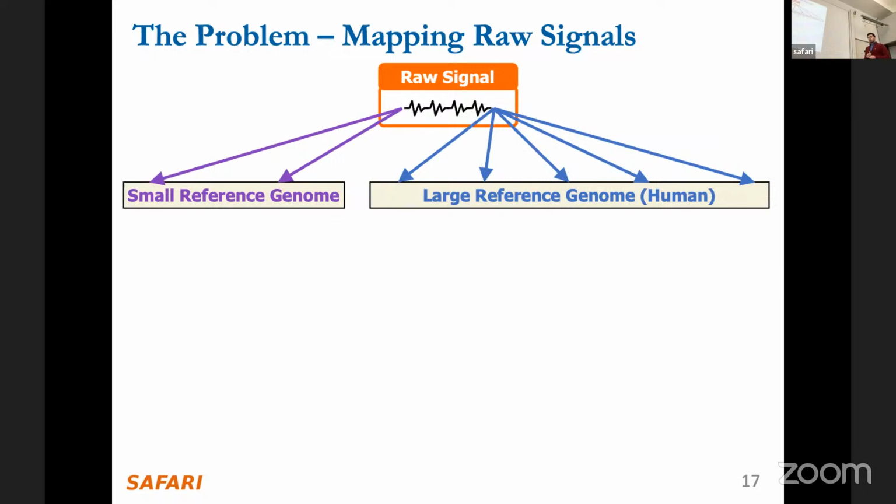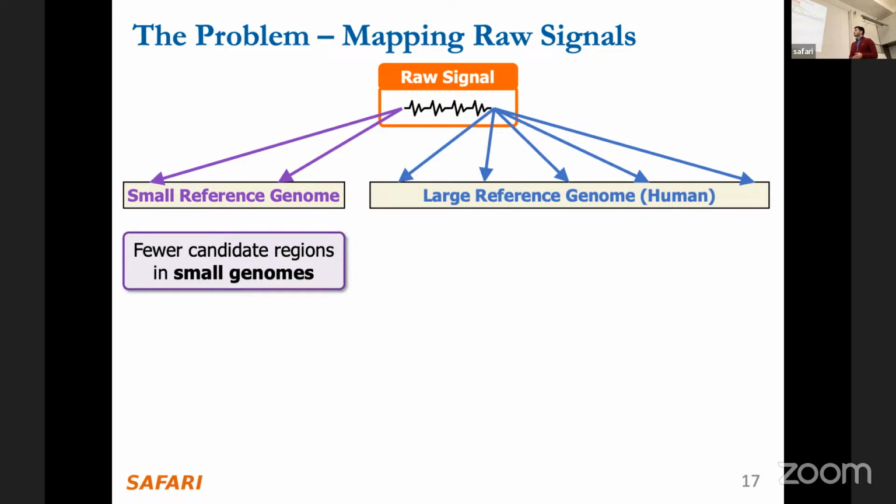But there are still certain problems related to mapping raw signals to reference genomes. Assume that you have this particular raw signal, and you might be mapping the signal to any type of genome. But let's take 2 types of genome. One is a small genome, the other one is a large genome, for example a human genome. When you're mapping your signal to a small reference genome, you have fewer regions that you can focus on per read at a time.